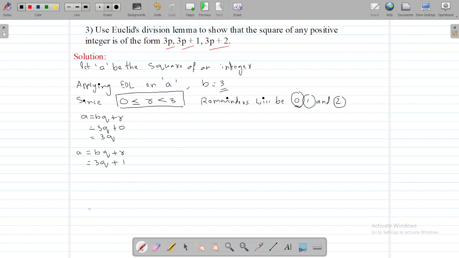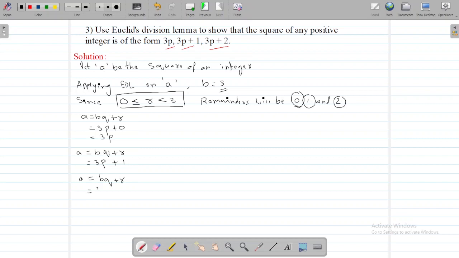Now in the question p is there, so instead of q I'll take it as p. I'll be changing this q as p so that we will not have any confusion. So here it will be 3p, but in the formula it is q. So 3p plus 1.